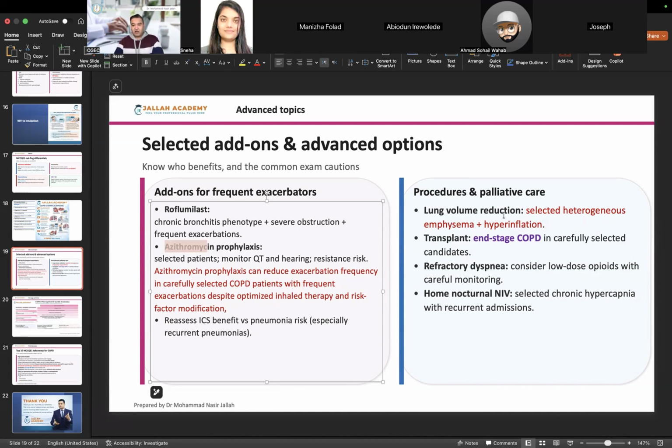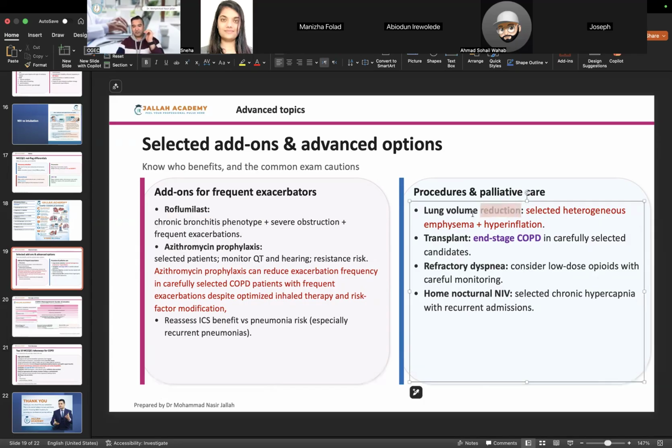Now, for lung volume reduction, select heterogeneous emphysema. Remember, for roflumilast, remember chronic bronchitis. For lung volume reduction, remember emphysema, heterogeneous emphysema, and hyperinflation that is not improving with all the optimized treatment, or when treatment has been exhausted.